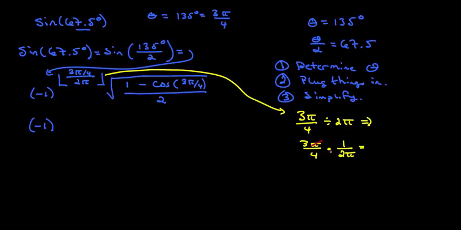Notice that the pi's cancel, and I've got 3 over 8. And I want the floor of that, meaning I want to round down, round left I should say. This is between 0 and 1, so it's going to go to 0.